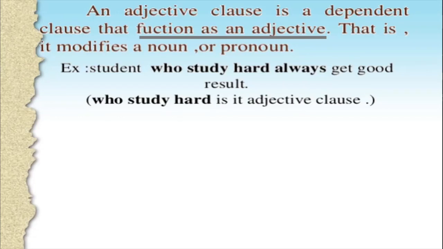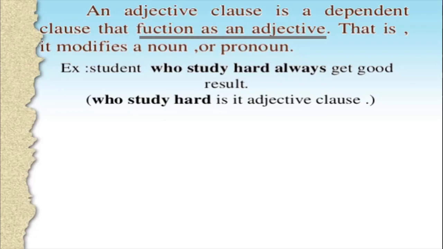So see, the meaning of the student is being modified here. Alright? Adjective clauses sometimes replace the adjectives. So sometimes instead of writing the adjective clause, you can also write one adjective. But this is the way language is sometimes used. I will give you that example also when we see the remaining part of this lesson.